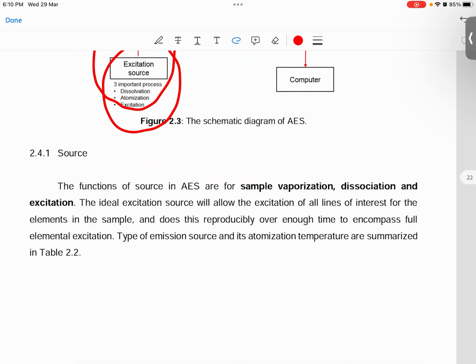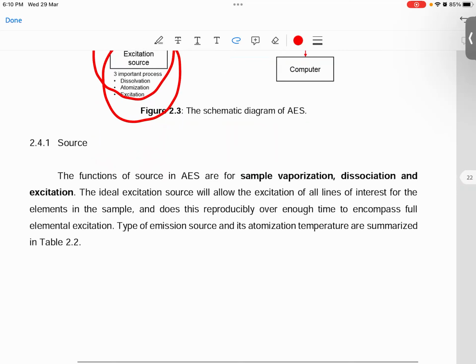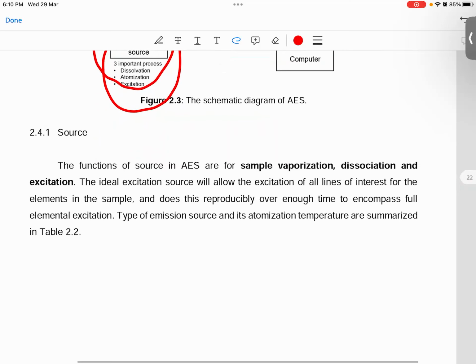I will show you later what is meant by lines of interest, because for emission spectra we usually work with multiple lines, whereas for absorption we usually use a single absorption spectrum. That's why emission spectrometry can analyze multiple elements, whereas AAS is usually single element.